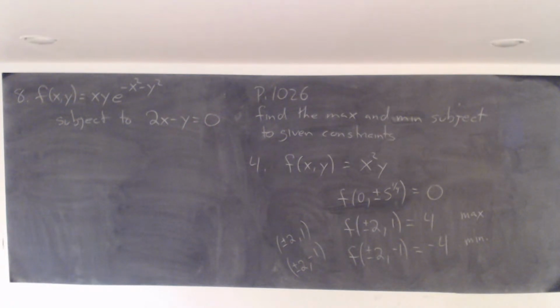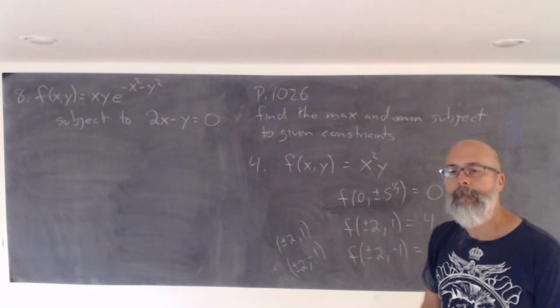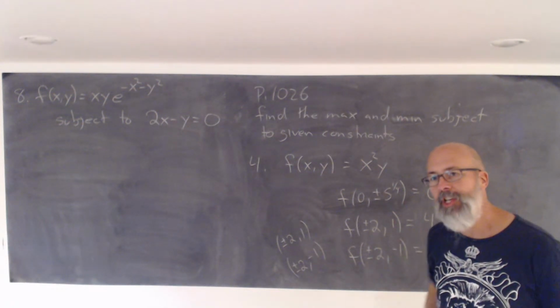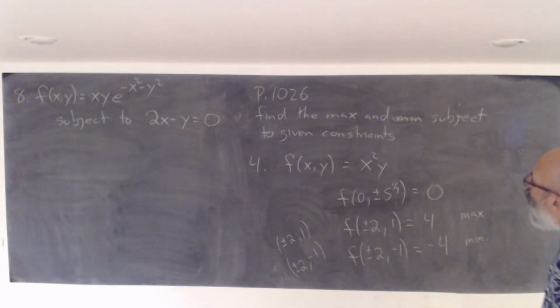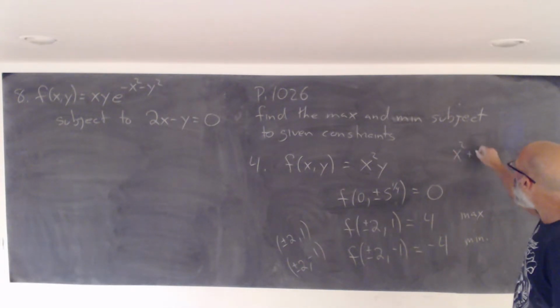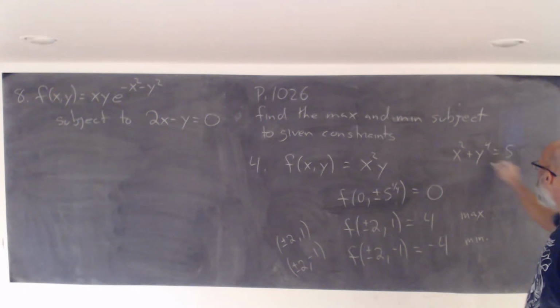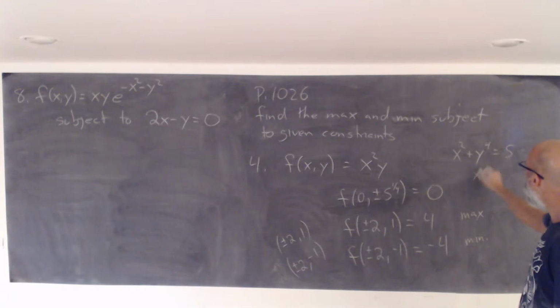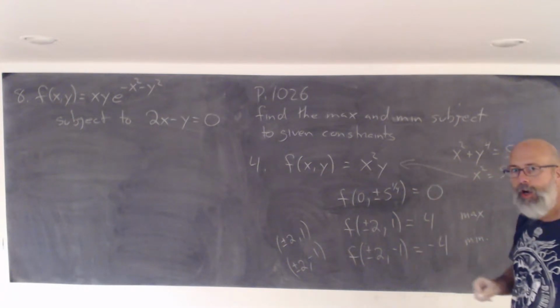Absolutely. All you need to do is define, well, you see the whole boundary here was x squared plus y to the 4 is equal to 5. So you could have said x squared is 5 minus y to the 4. Plug that into there.